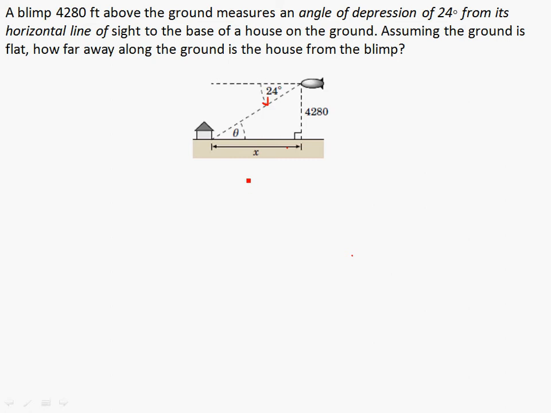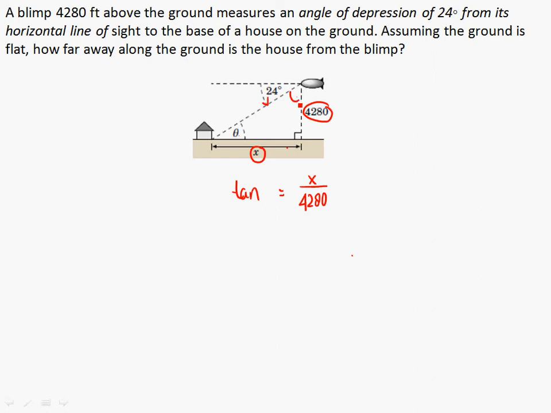Well, there's one extra step in here. Right now I don't have any angles in this triangle other than this one, right? So if I'm looking from this angle over here, the tangent of that angle would be what? X over 4,280, right? Okay, so to be able to do this problem, I need to figure out what this angle is.